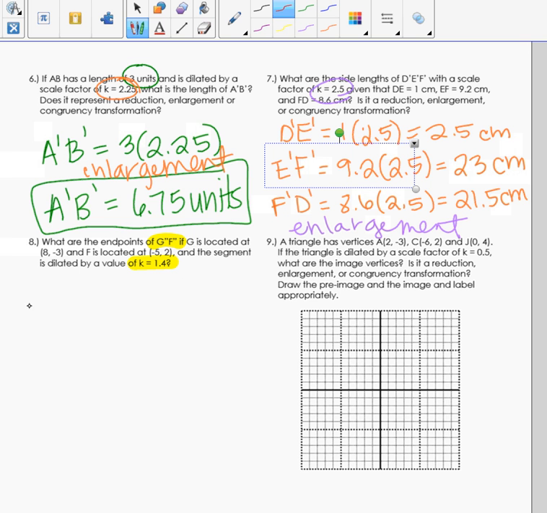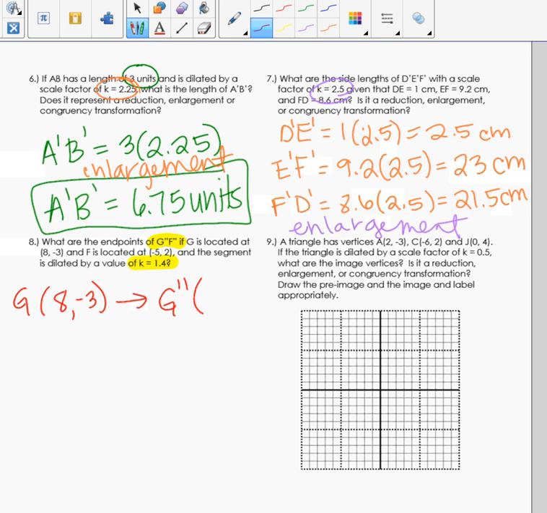So if we start with point G at 8, -3, to find G double prime, I'm going to take that 8 and multiply it by 1.4, but then I'm going to multiply it by 1.4 again. Okay, so let me clean that up a little bit.